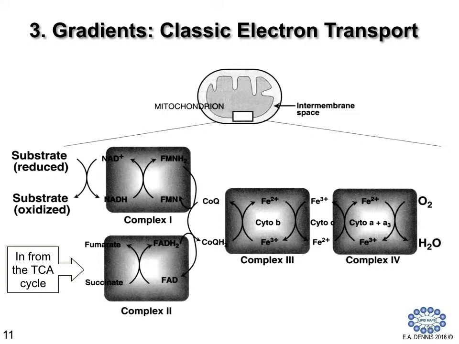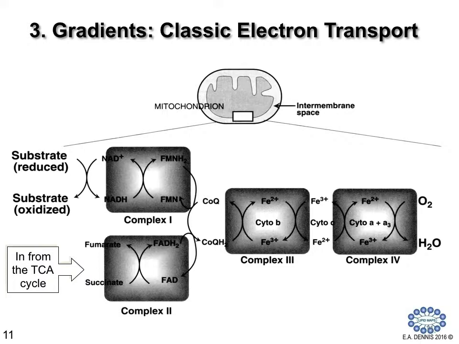That electron is then transferred to another receiver known as FMN, and eventually to coenzyme Q that I introduced on the preceding slide.